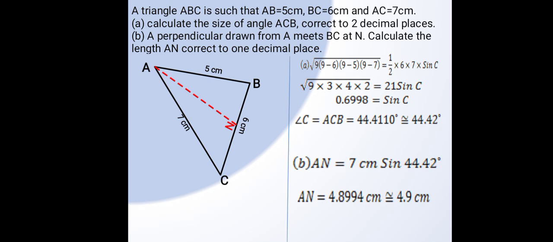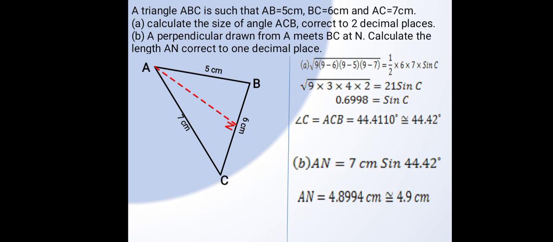Angle ACB, since we know all the dimensions of the triangle, we can compute the area both using Heron's rule and the sine formula, so that we get sine C, and we get that angle to be 44.42 degrees.